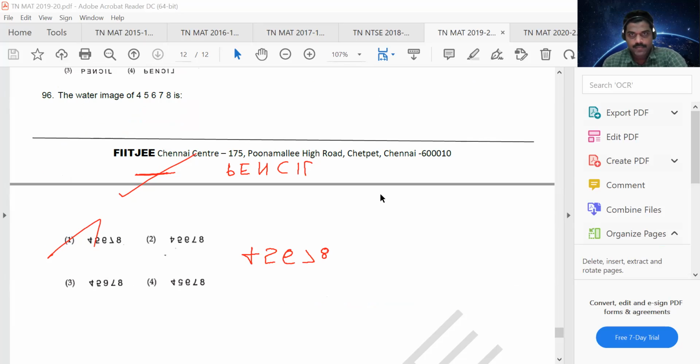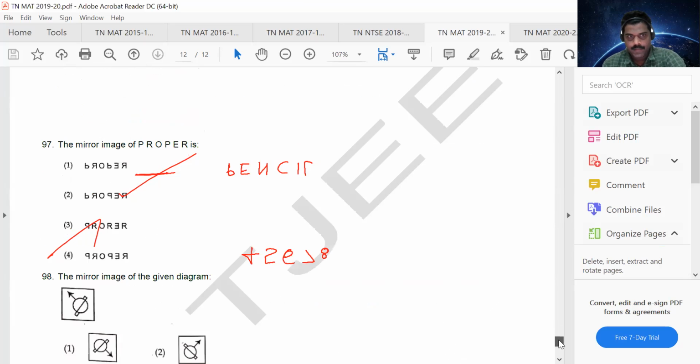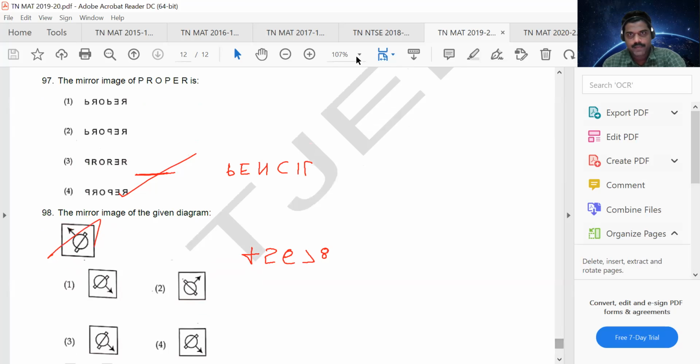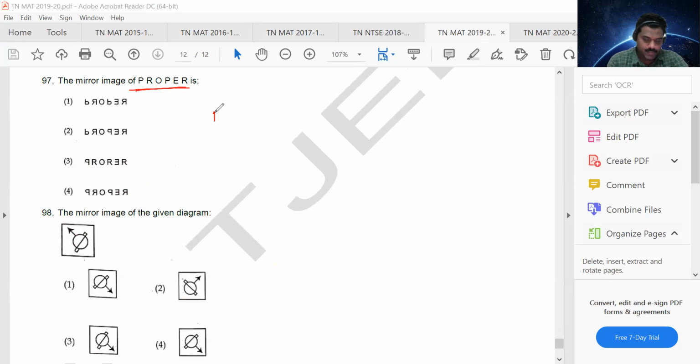Now moving on in the same paper, 97 and 98. If you observe over here, for this particular question, there is no correct option. Actual answer should be this thing, because you have to start from right for mirror image, but you don't have this particular option over here.